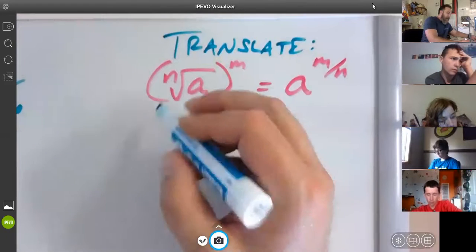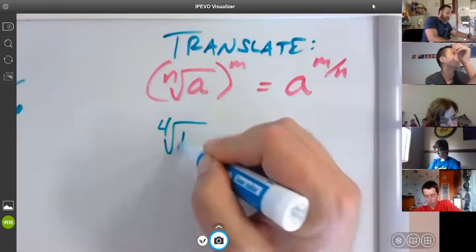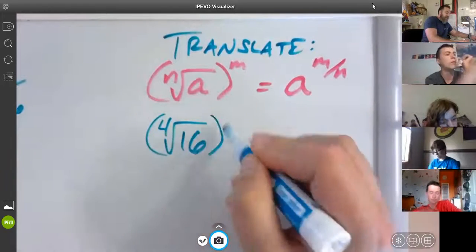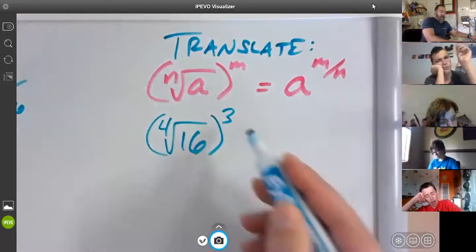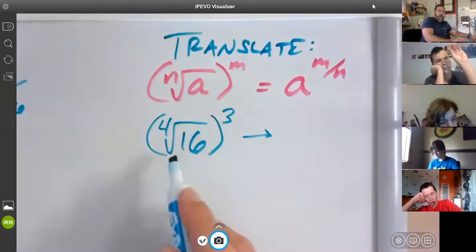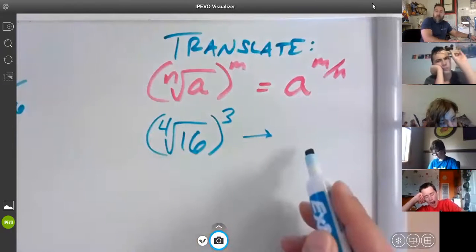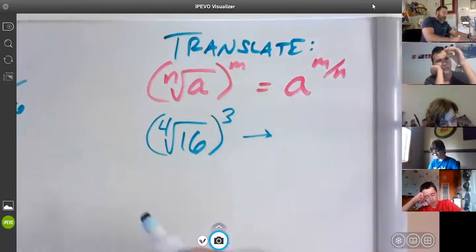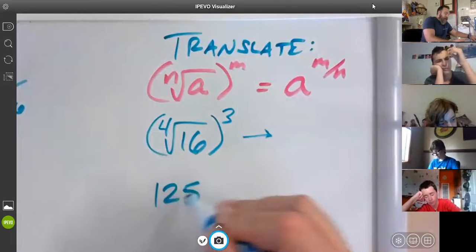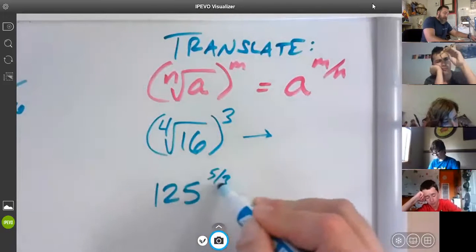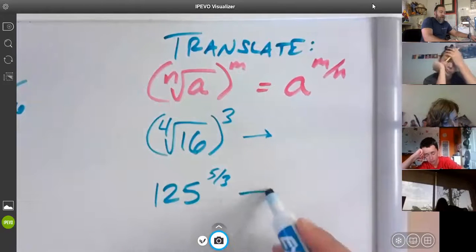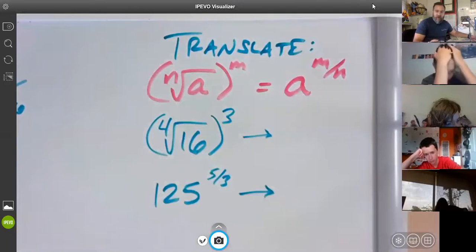And so just a couple quick examples. If I took the 4th root of 16 and then raised it all to the 3rd power, they might ask you to rewrite this radical in terms of a rational exponent. Or on the flip side of the coin, maybe they started with a rational exponent, a fraction exponent right there, but now rewrite this in terms of a radical.